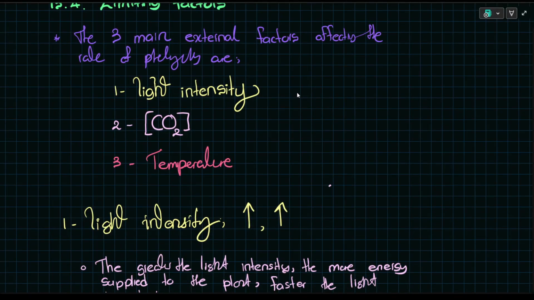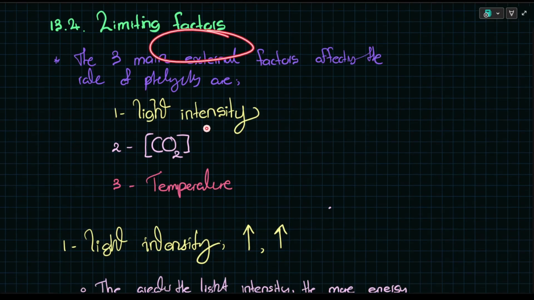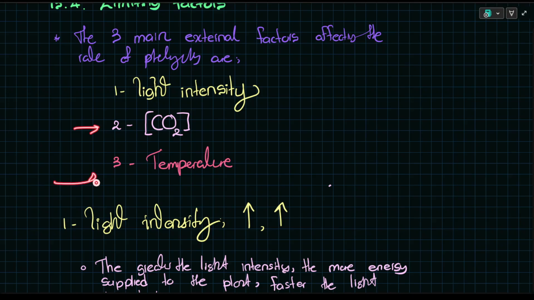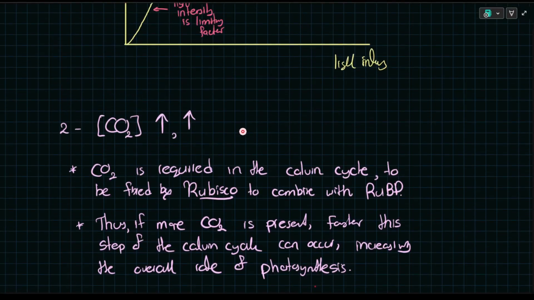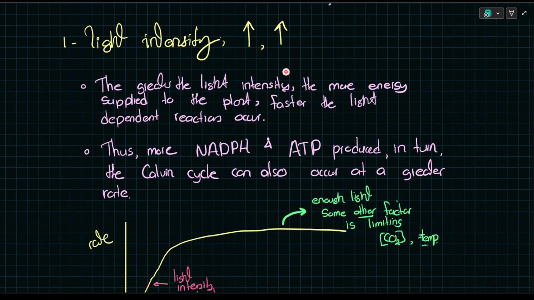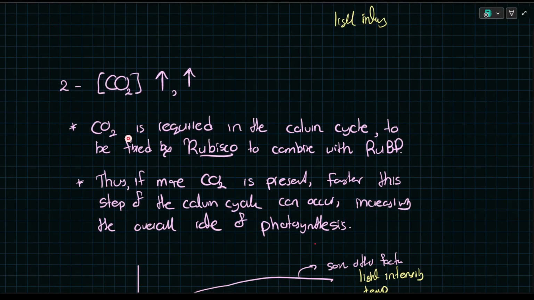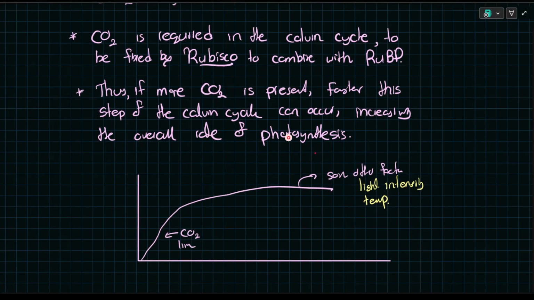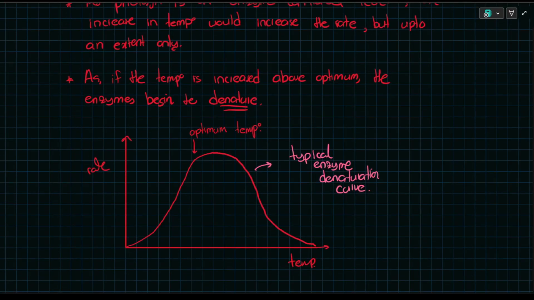Then we talked about the limiting factors, the three main external limiting factors. That's important: light intensity, carbon dioxide, and temperature. The overall conclusion is that if all three of them increase, the rate increases. The greater the light intensity, the more energy. Carbon dioxide, Rubisco, the Calvin cycle is affected. Temperature, enzymes: that's the only thing you have to remember.